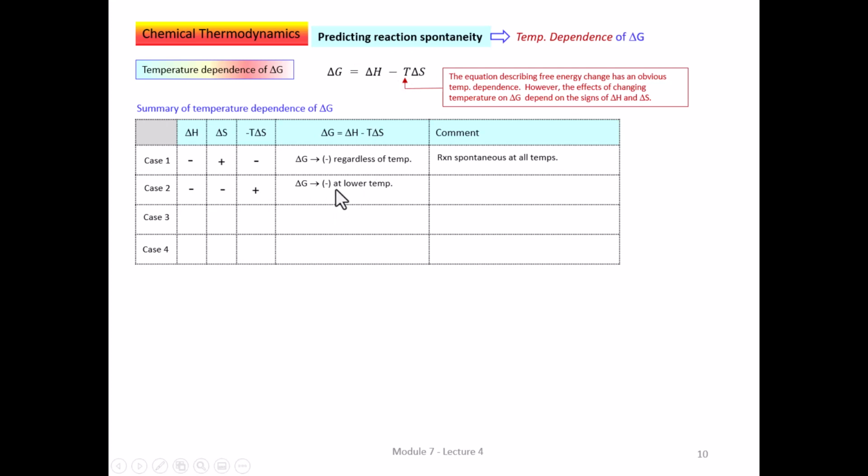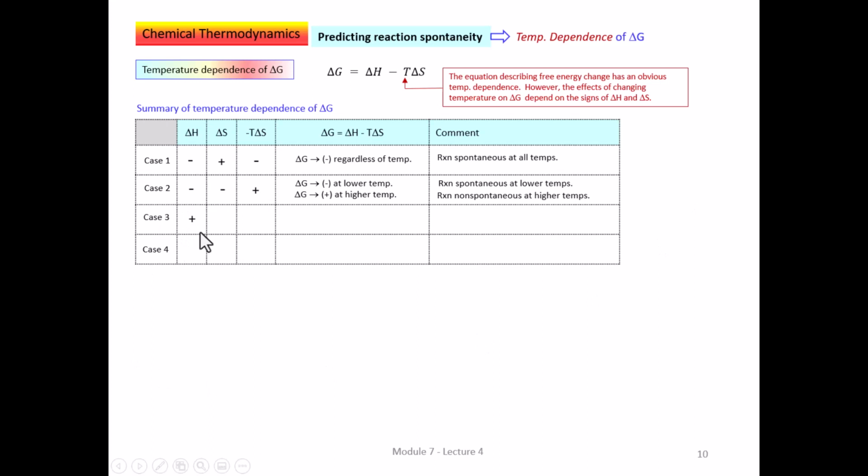So the reaction will be spontaneous at lower temperatures. DeltaG will be negative. If you raise the temperature, it would raise the influence of this minus T delta S term, and you get to the point where it overwhelms the negative deltaH term. DeltaG then becomes positive, and so we say the reaction, which is spontaneous at the lower temperatures, becomes non-spontaneous at the higher temperatures. That almost seems counterintuitive, but it's hard to argue with the math.